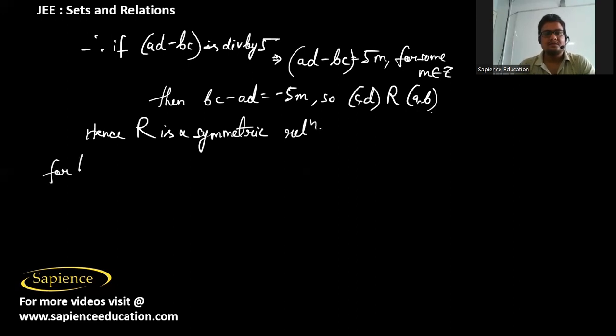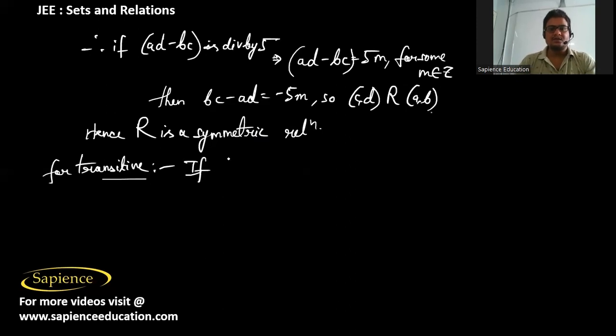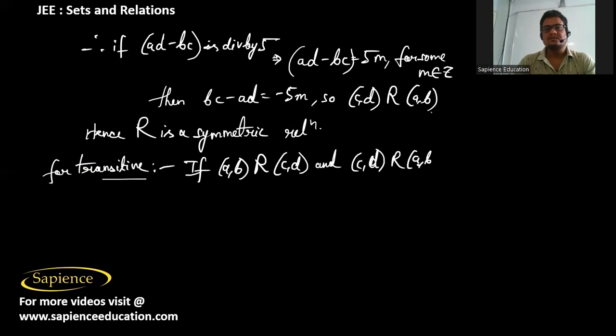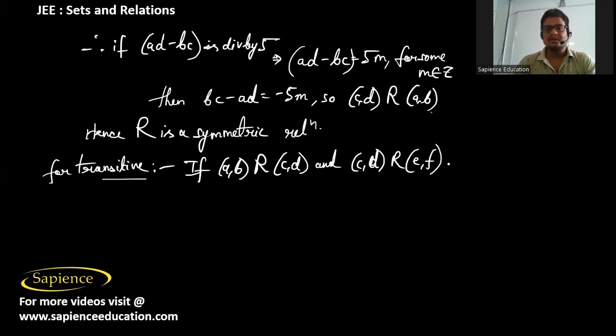And for transitive, we should have that if A comma B is related to C comma D and C comma D is related to E comma F, then it also implies that A comma B should be related to E comma F also.